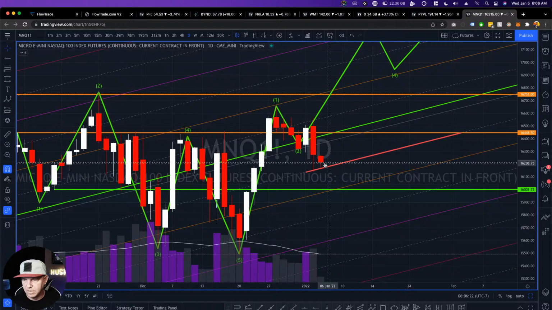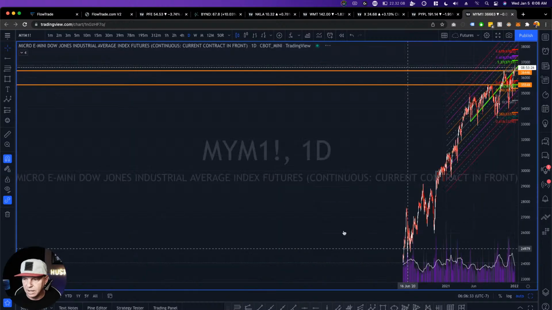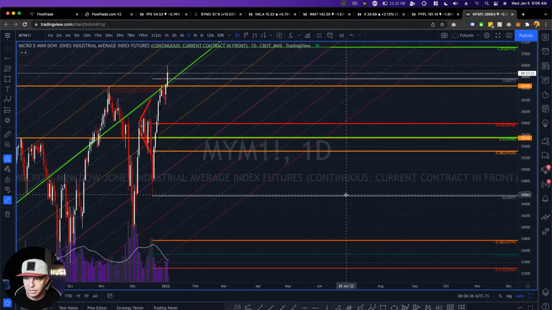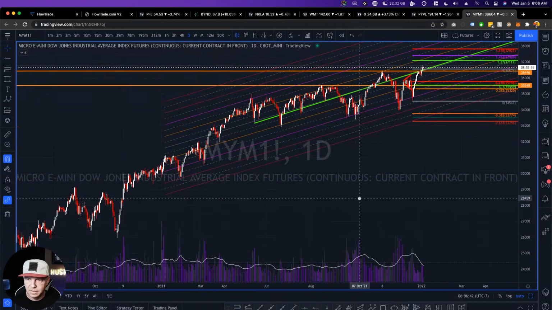Is this the mother of all bounce plays here? It could be. We have room up. We'll see if we rotate out of the Dow back into tech. This is the Dow that we're looking at now. That was definitely leading the way, and that's based on that.